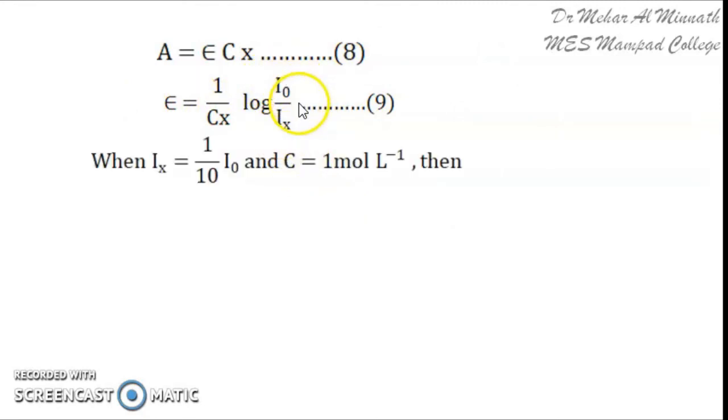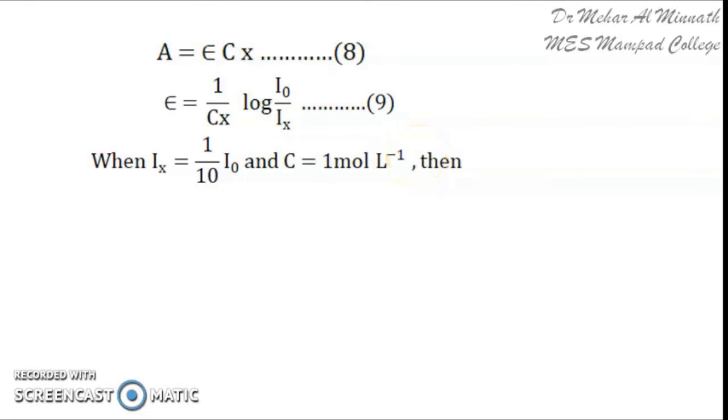Now when Ix, that is the transmitted radiation intensity, is 1/10 of the intensity of incident light, and C is 1 molar. So when you take Ix equal to 1/10 of I0, what you get will be log 10, because I0 divided by 1/10 I0, so I0 and I0 get cancelled and you will get log 10.